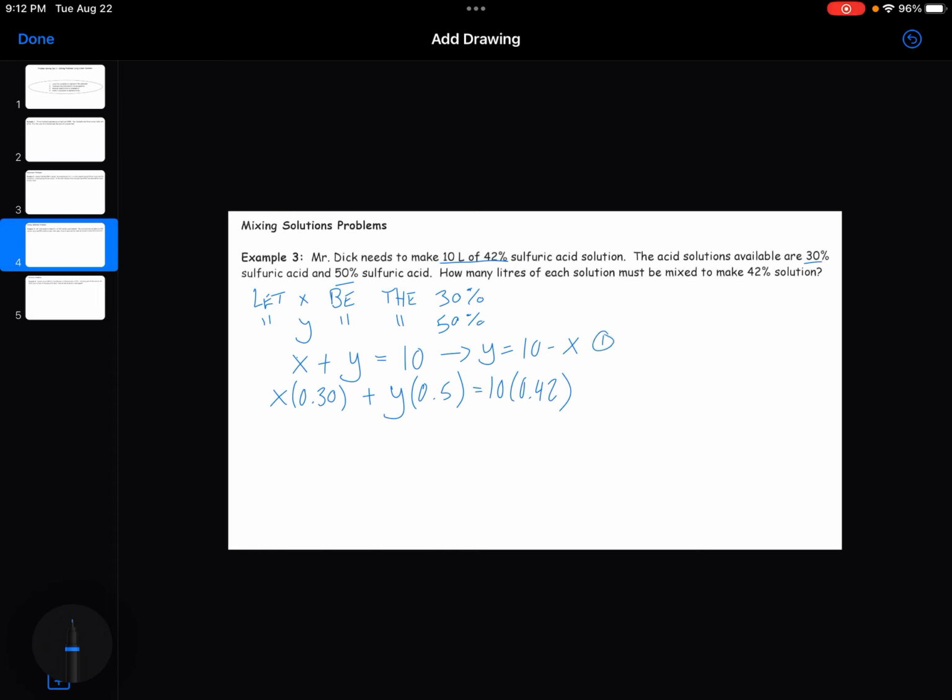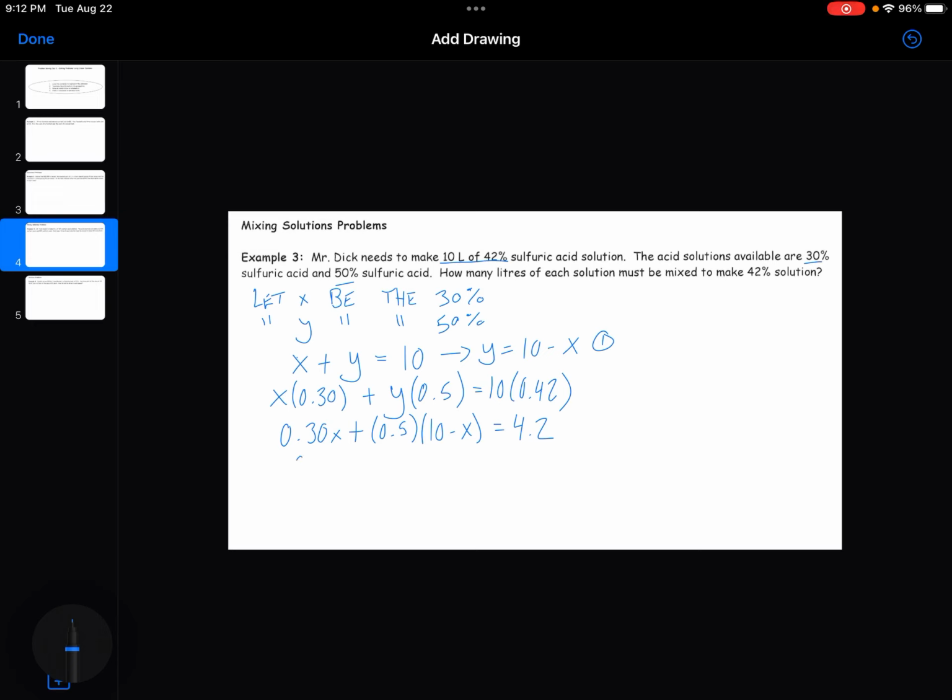We can just substitute that straight in. So we would get 0.30x plus 0.5 times y, which was 10 minus x, equals, and this is just going to be 4.2. Just simplify that.